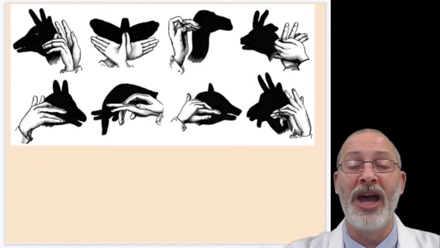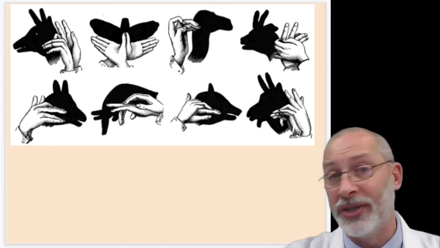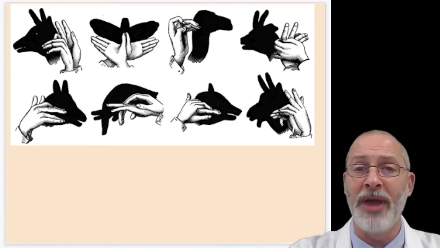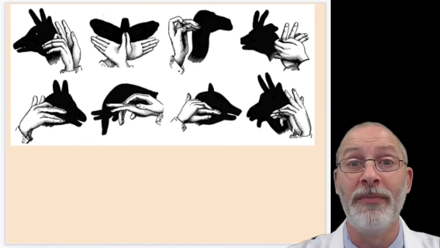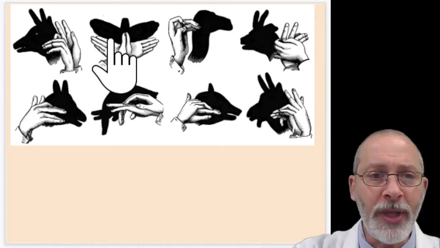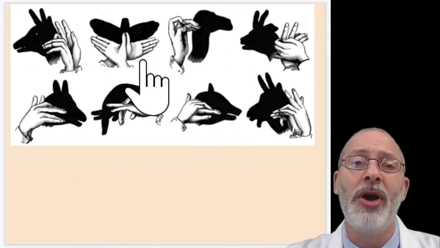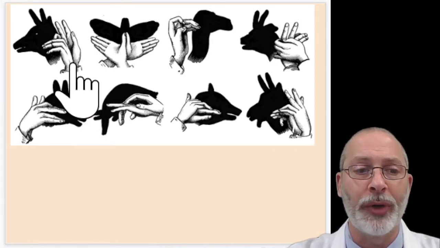Maybe if we have time at the end of this period, we can come up and make some shadow puppets on the wall, or you could do it at home yourself for some extra bonus points for a home activity. Maybe take some pictures of some shadow puppets and send them my way. That would be cool. But shadows are possible because of this ray model of light where light travels in straight lines.